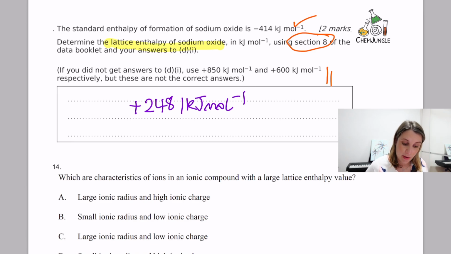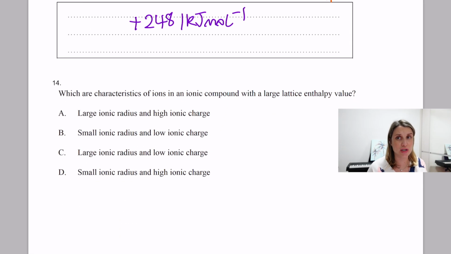Okay. Other questions that can be asked about lattice enthalpy in some capacity come up a lot in multiple choice, where we're talking about what has to be a characteristic of an ion which has a large lattice enthalpy. So lattice enthalpy is breaking apart that ionic lattice.